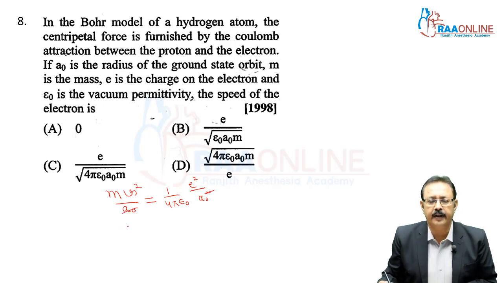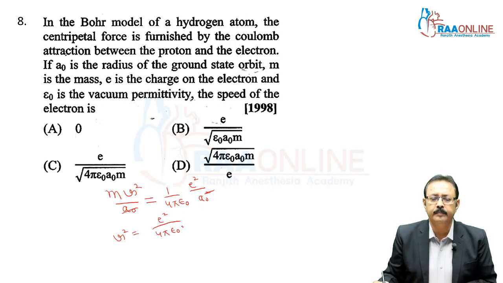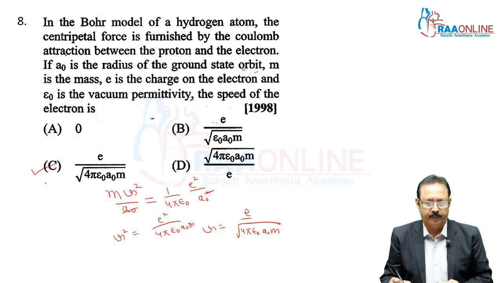So what we are getting, v square is equal to e square upon 4 pi epsilon naught a naught m. So what is v? v should be e upon square root of 4 pi epsilon naught a naught m. So we will go with option C.